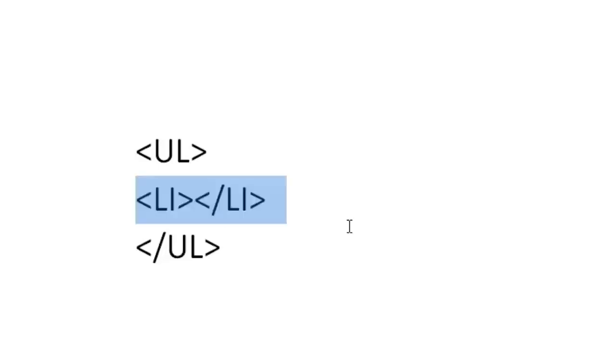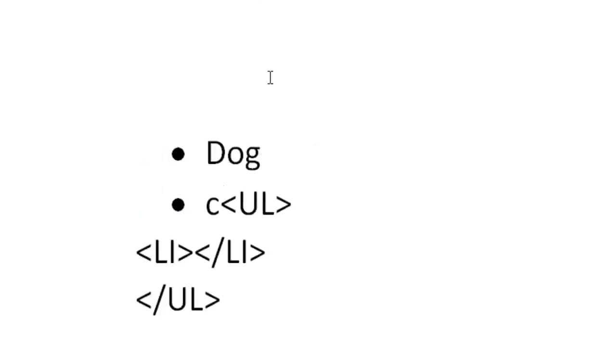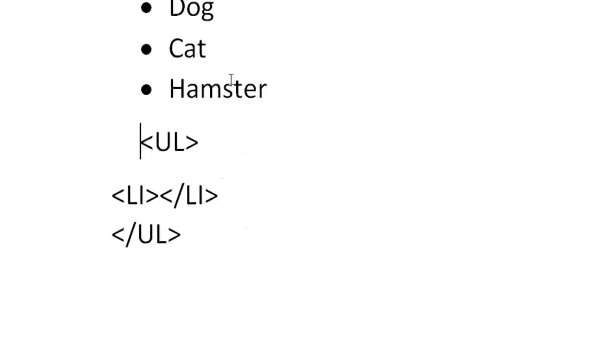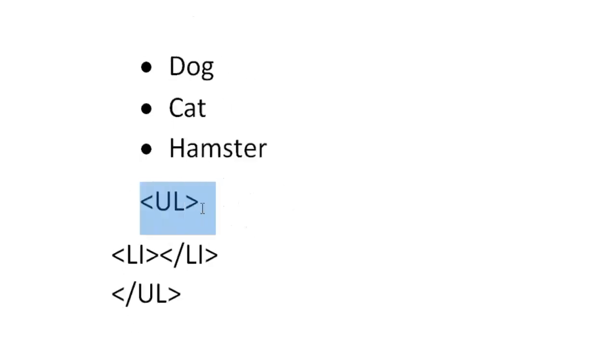This tells us that this is a list. Let me do this again. Let's say, for example, we want to duplicate dog, cat. We start the unordered list with this tag, and then we finish the list with this tag. Each one of these items is going to be this, right?